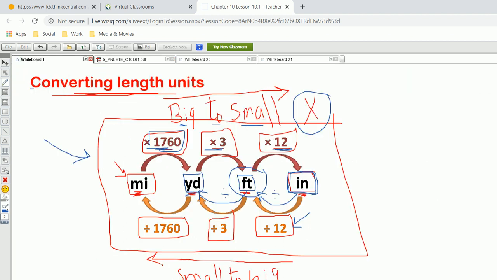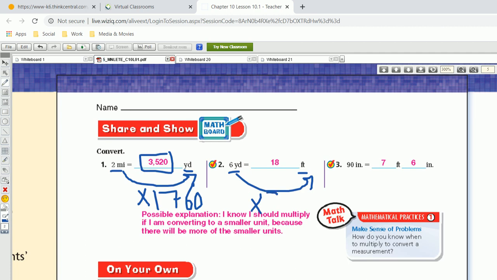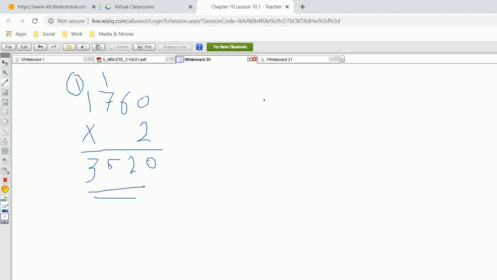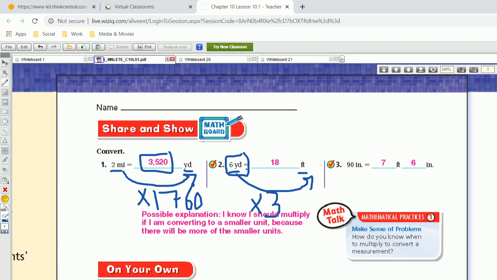Where is yard? Yard is here. Where is feet? Feet is here. So we move from yard to feet, so we're going to multiply by 3. We take this 6 and multiply it by 3. 6 multiplied by 3 equals 18.